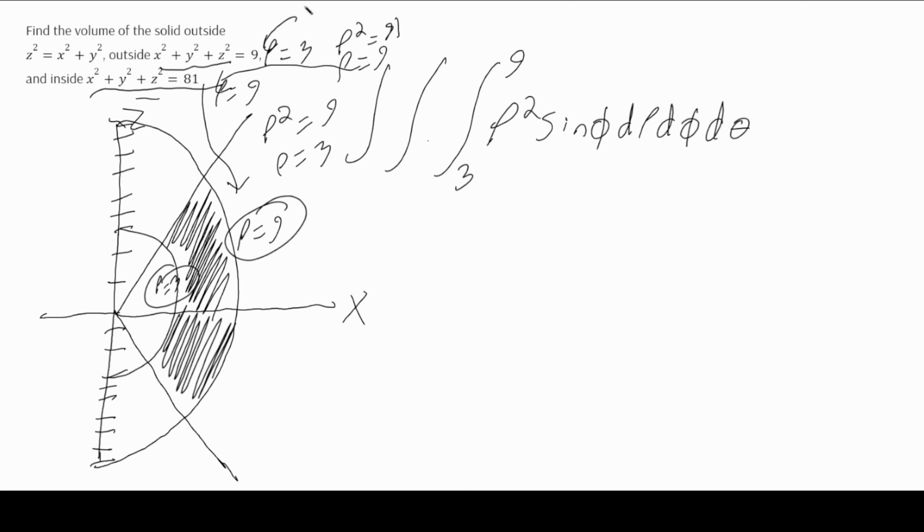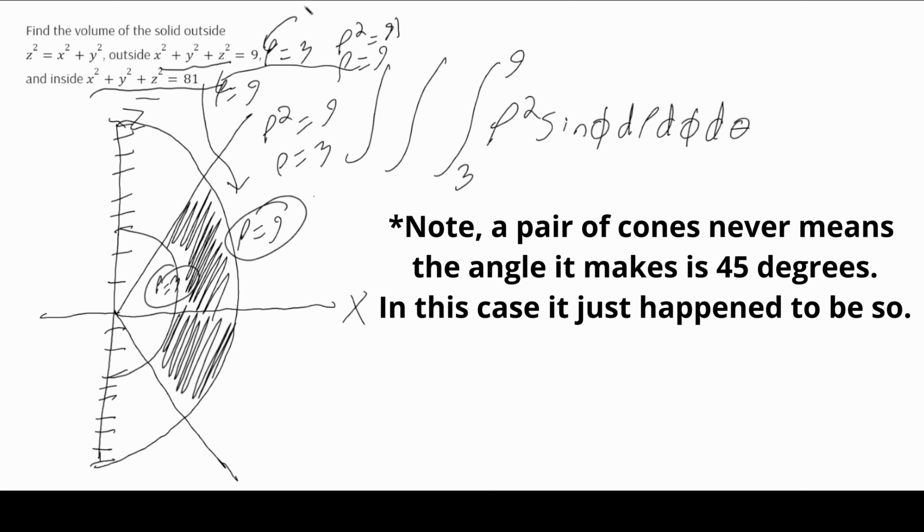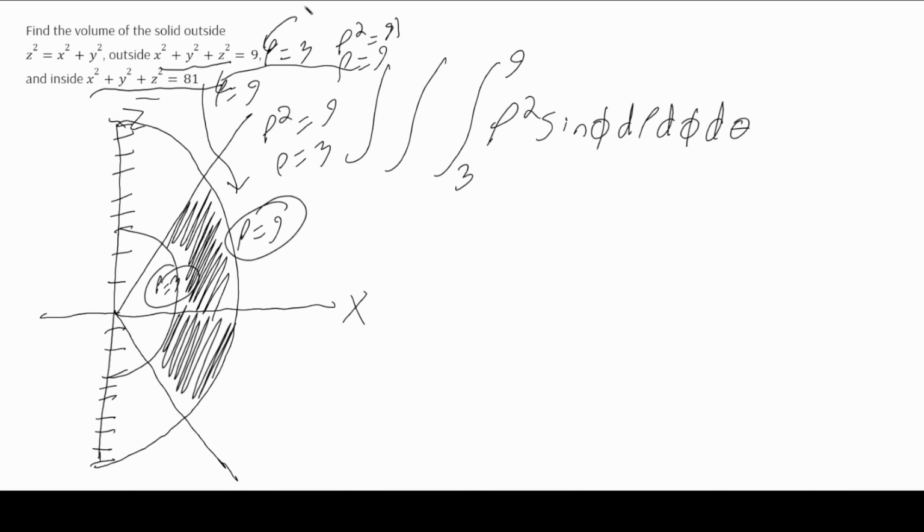Now for phi, it's important to look at this. We know that this is a pair of cones, so the angle that it makes is always going to be pi over 4. If this wasn't the case and the cone was a bit different, we could plug in points and use the tangent function to find the angle, but we don't need to do that here because we know it's just y is equal to x.